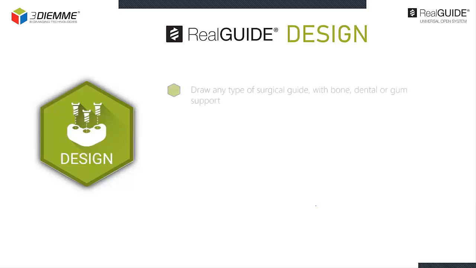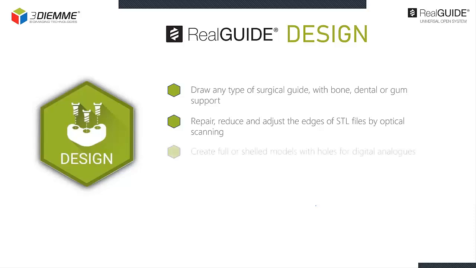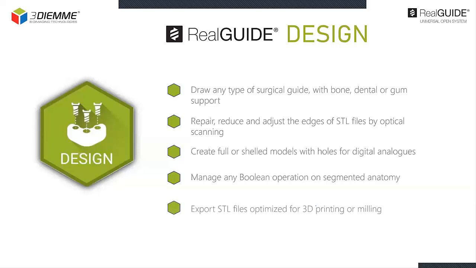Furthermore, it is possible to draw any type of surgical guide with bone, dental, or gum support, repair, reduce, and adjust the edges of STL files from optical scanning, create full or shell models with holes for digital analogs, manage any Boolean operation on symmetric anatomy, and export the STL file optimized for 3D printing or milling.